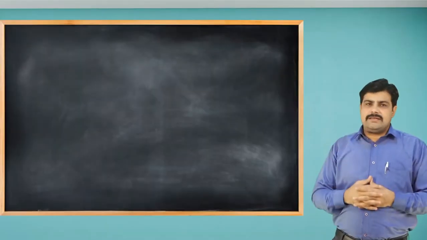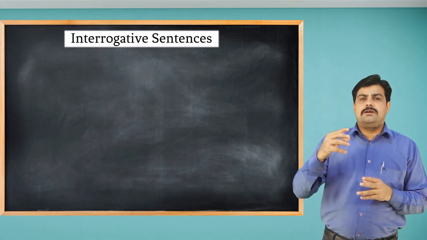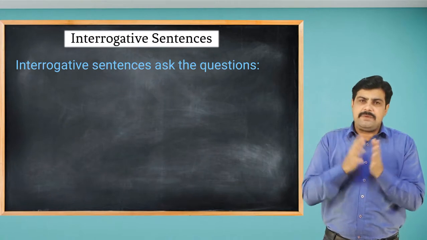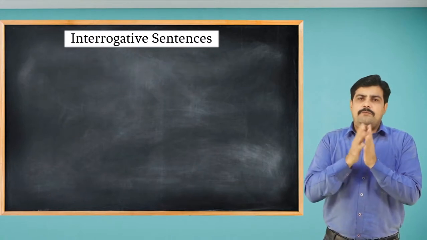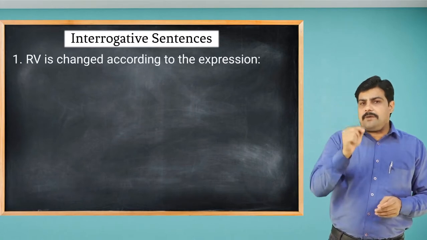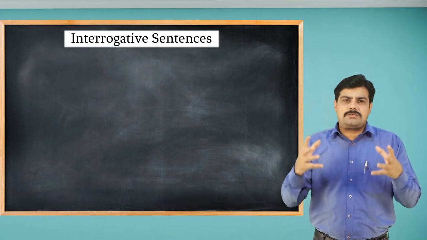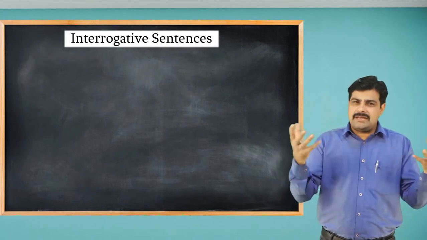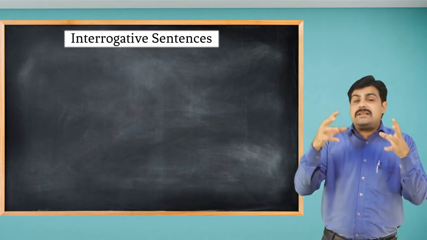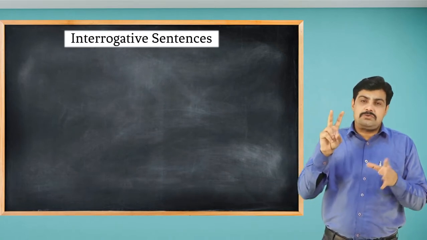Let's see interrogative sentences. Interrogative sentences ask questions, and to change them into indirect speech, we follow the following rules. First is, the reported verb is changed according to the expression, asked or inquired or anything else. We have two main kinds of interrogative sentences, and it is mandatory to know these two kinds.